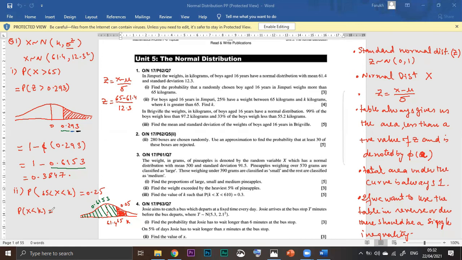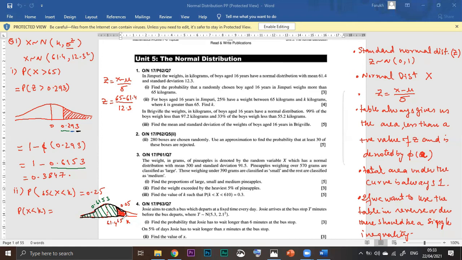The area between 65 and k, look at this figure. The area between 65 and k is 0.25. The area less than 65 is this green one, 0.6153.